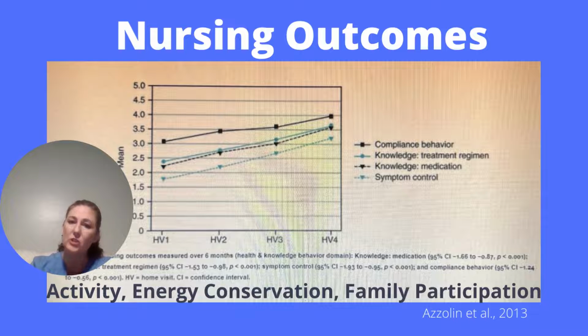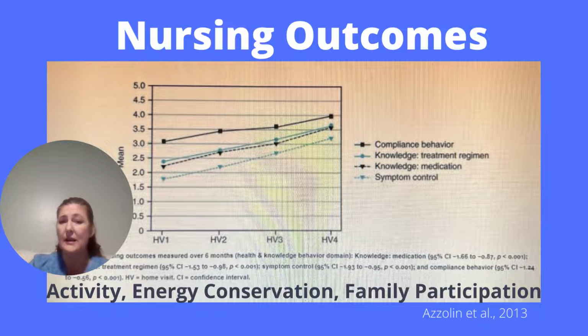So if you look on the left side of the chart where the mean is, you can see how they gradually all increase all the way to the right corner. You're seeing the first home visit with the first dot. The second dot shows you the second home visit. The third dot shows you the third home visit, and the 4th dot is the 4th home visit.